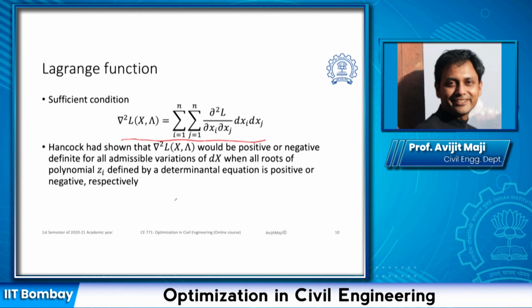Hancock showed that this equation would be positive or negative definite for all admissible variations of the design variable or decision variable when all the roots of a polynomial z, defined by a determinantal equation, are positive or negative respectively. So now we'll look into how we can introduce z in this equation and what this sufficiency condition, the second order derivative of the Lagrangian equation, is going to look like.